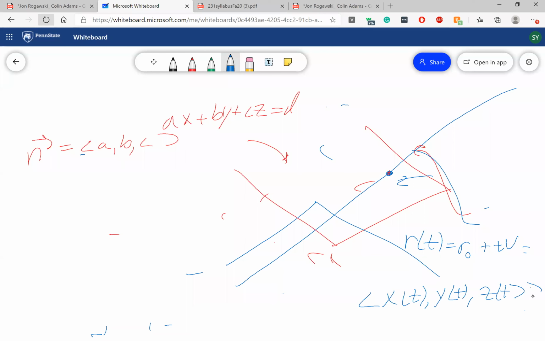So now, if we want to find where these intersect, we can take these components and plug them into our equation.